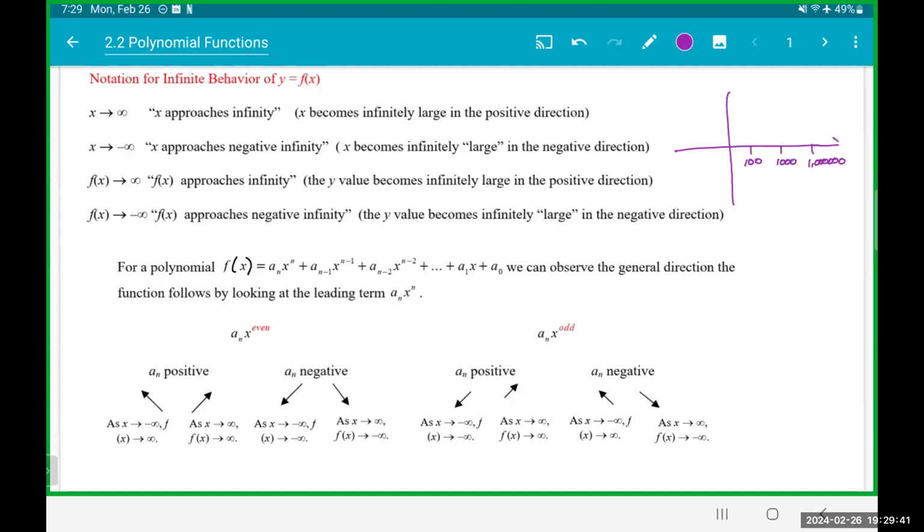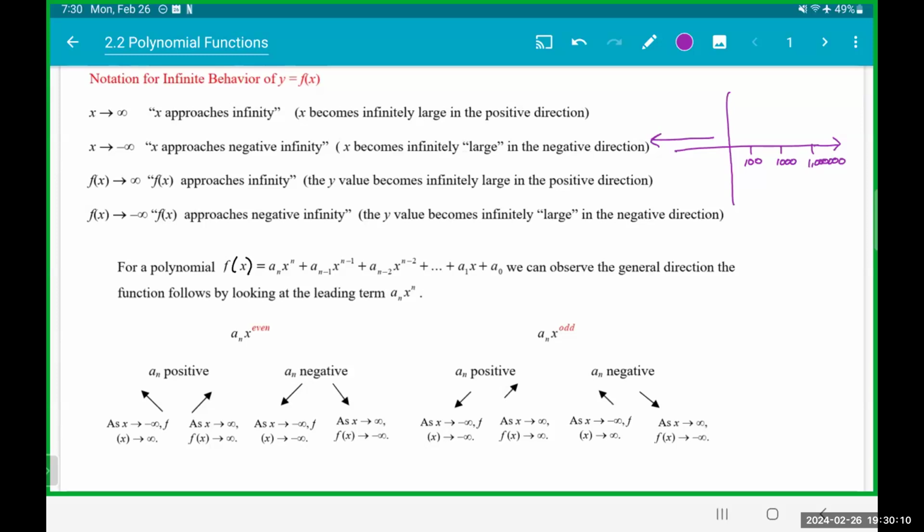So as X goes in this direction and increases to an infinitely large number, X becomes infinitely large in that positive direction. The opposite would be true if X approaches negative infinity. It would become infinitely large in the negative direction.